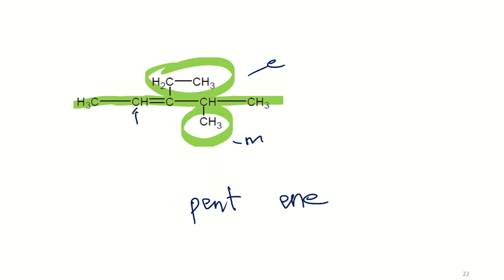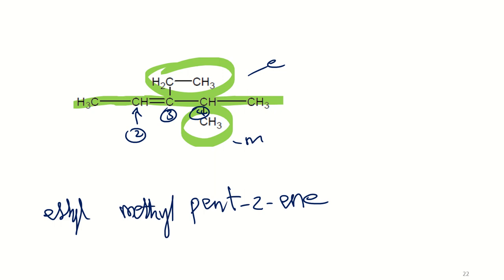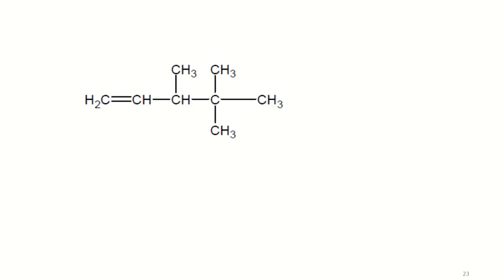Our functional group is on number 2, getting the lowest number. Everything is labelled off that, so there's a 3 and a 4, so we have an ethyl and 1 methyl. That is number 4, and this is number 3. 3-ethyl-4-methylpent-2-ene.